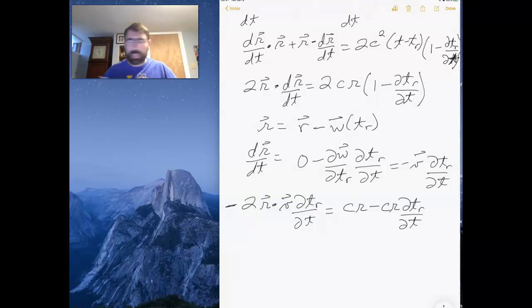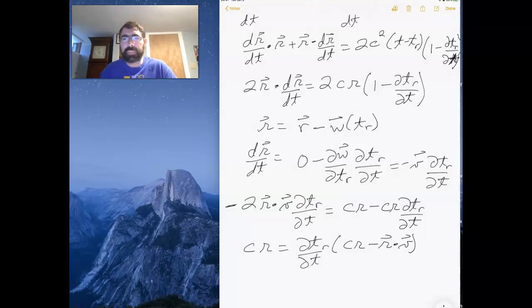And now I can combine terms, and I should get c minus dr/dt is equal to c minus that, which if you remember before, that's just the dot product of r and u.